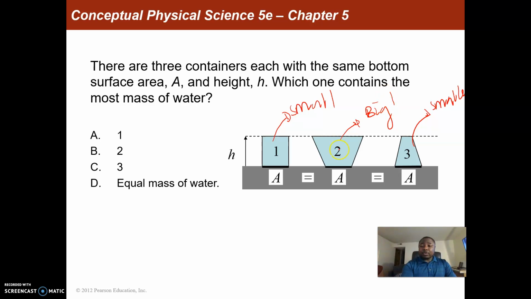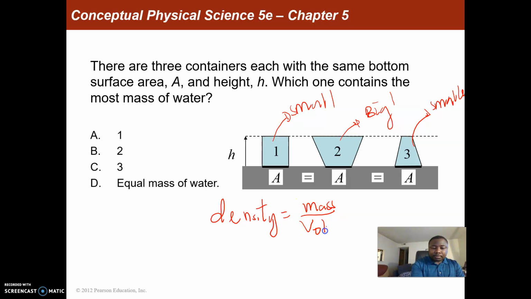Because the volume of region 2 is bigger than the others, the mass of region 2 will obviously be bigger than any of them. Why? Because remember we said density from the definition is mass over volume.